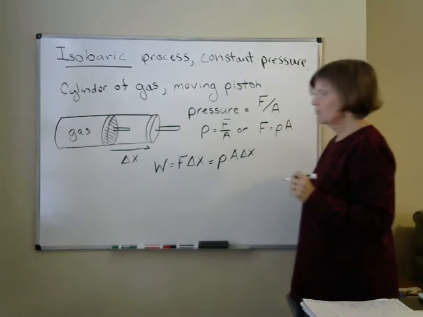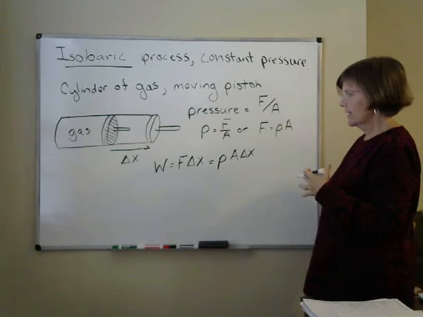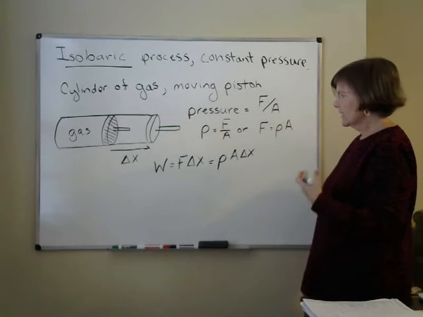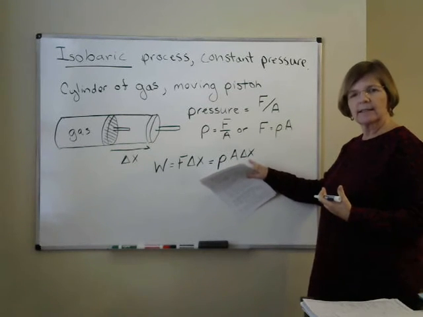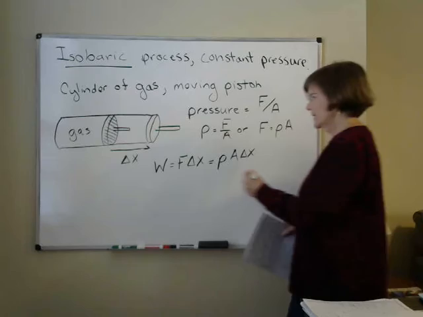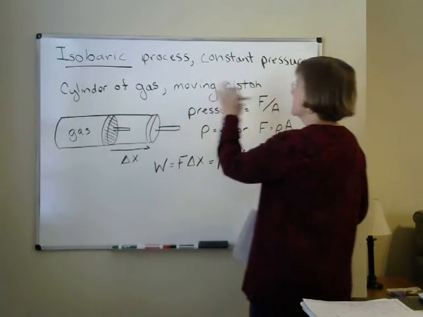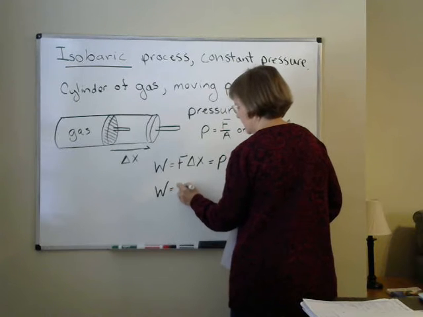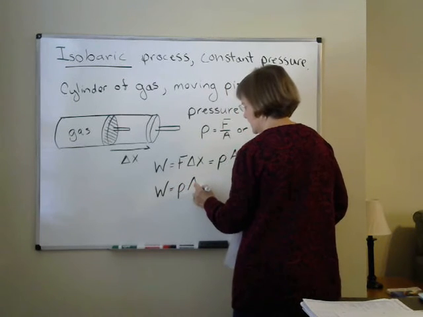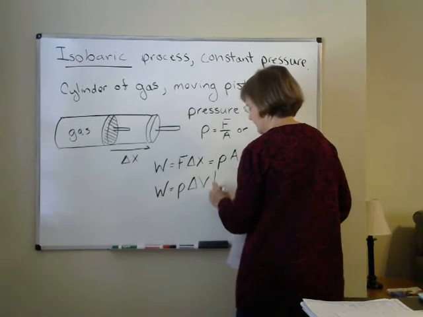That's what that's pushing against. That's force, that's the area. Well, the area of that cylinder times delta x is actually the change in volume. So what we see is for an isobaric process, the work done is the pressure times the change in volume.